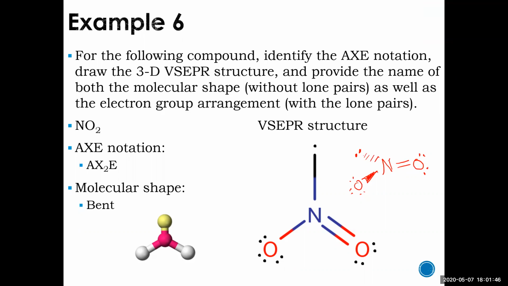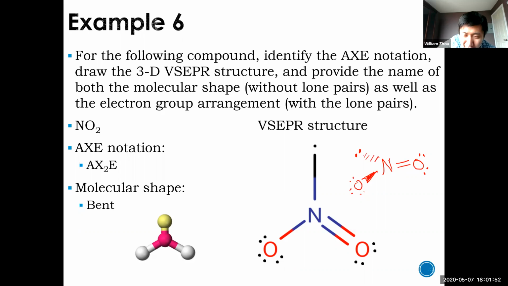Wait, so do we have to show the valence electrons for oxygen too? Oh, yes. Oh, wait. First of all, I see a mistake because there's one electron here. I put 2 dots. That's 1 dot. Do you have to show the valence electrons? Well, I really don't care because I'm testing you on the geometry, not how many valence electrons each atom has. That would be a Lewis diagram question.